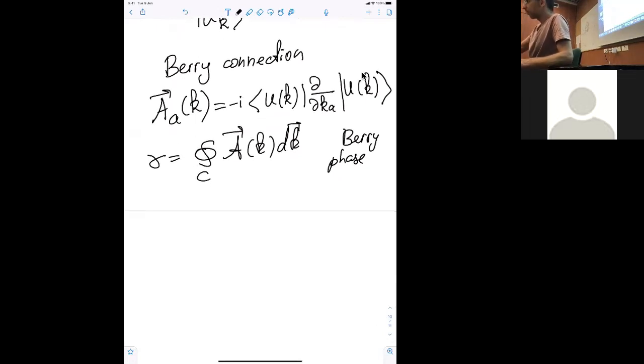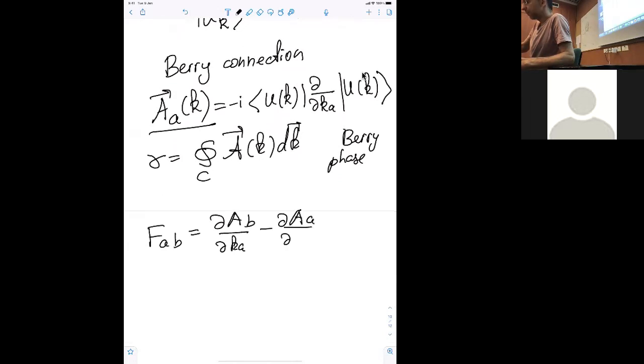You can also take a curl of this gauge field. So it's probably wrong, but I consider this field just as a gauge field. And then if you take a curl of it, you get something that is similar counterpart of magnetic field. Anyway, if you take a curl of it, you get this object, and its official name is Berry curvature.